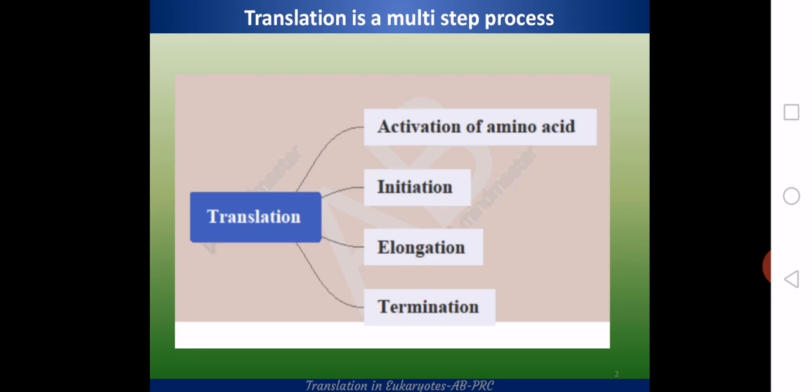An amino acid is activated by addition of an AMP to form aminoacyl AMP, followed by charging this acylated amino acid onto the tRNA molecule to form aminoacyl tRNA.